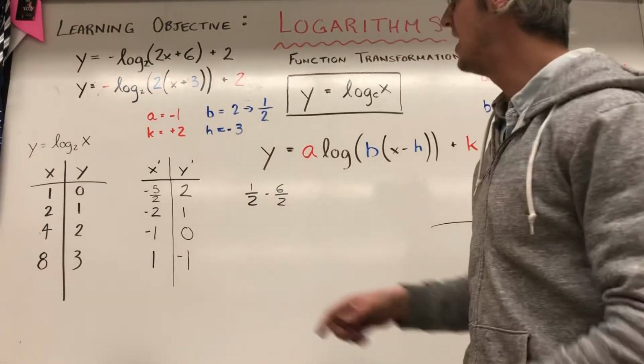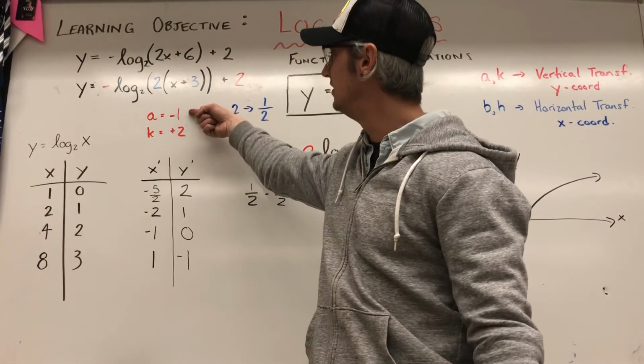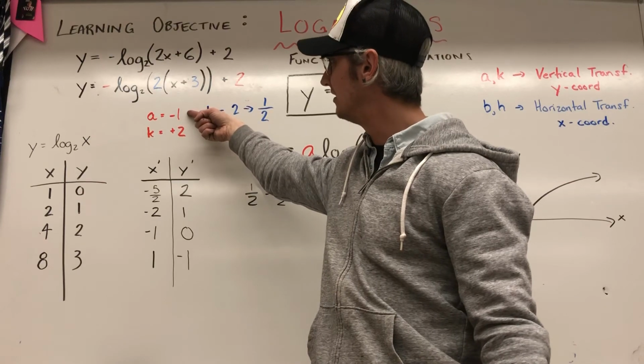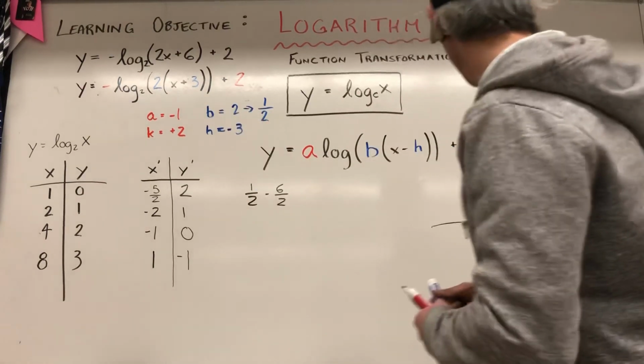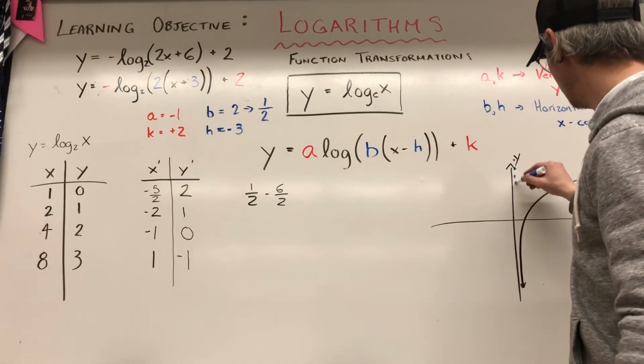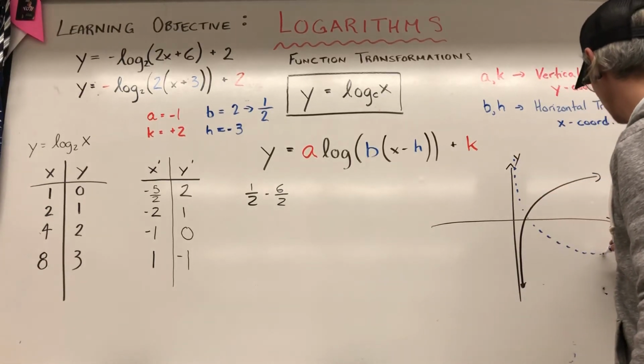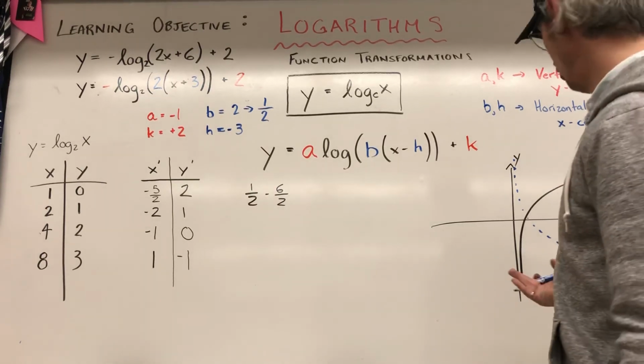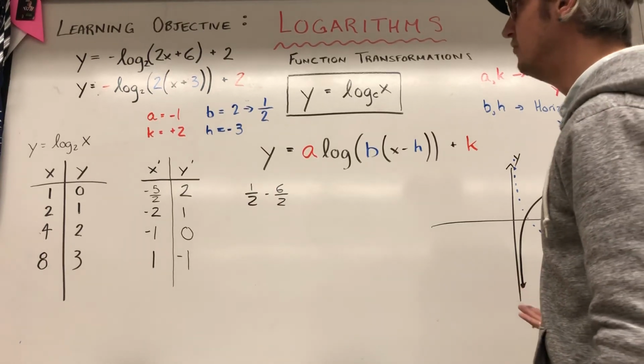We should expect that it's going to be reflected in the x-axis, but it's going to be shifted up. So if it's reflected in the x-axis, it would have been like this, right? If it was just the reflection in the x-axis. But we're also moving it up by 2.